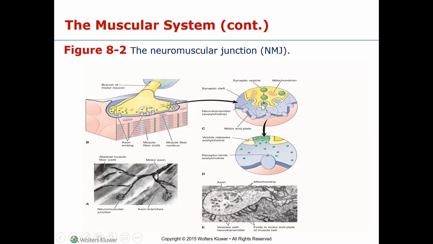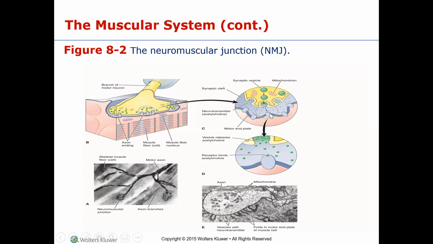And the acetylcholine is being deposited by exocytosis, where the vesicle fuses with the plasma membrane of the neuron and then releases the substance, which is the acetylcholine, into this space, and we call this space the synaptic cleft.